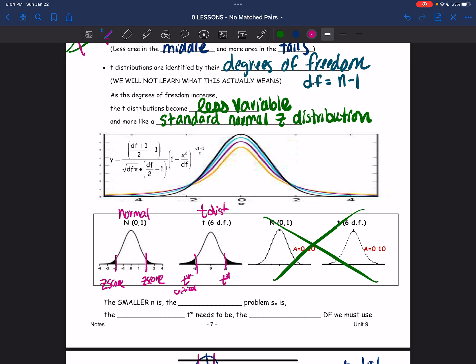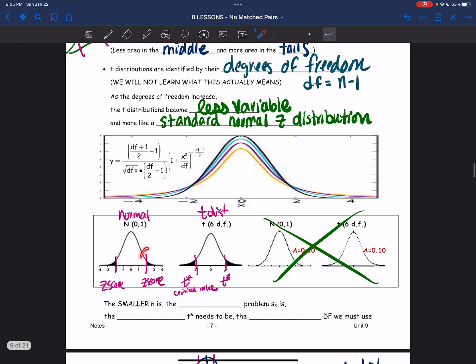Critical value, right? If you notice, they're both in the same spot. This is a Z-score of 2, and this is a T-star of 2. Which one looks like it has more area in the edges? This one's definitely got more area out here on the side.